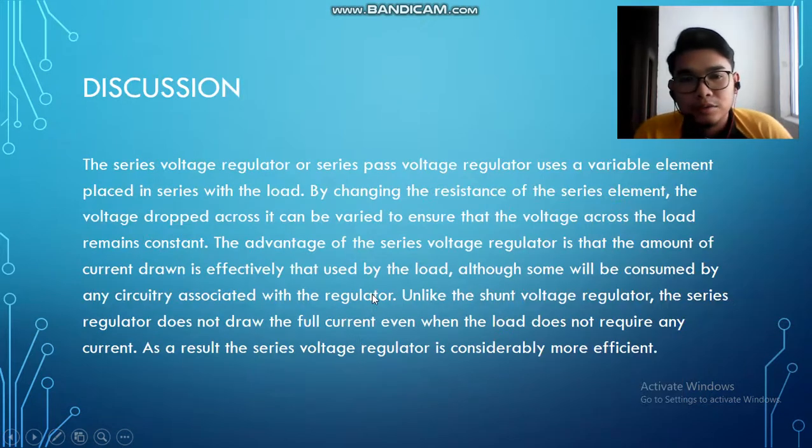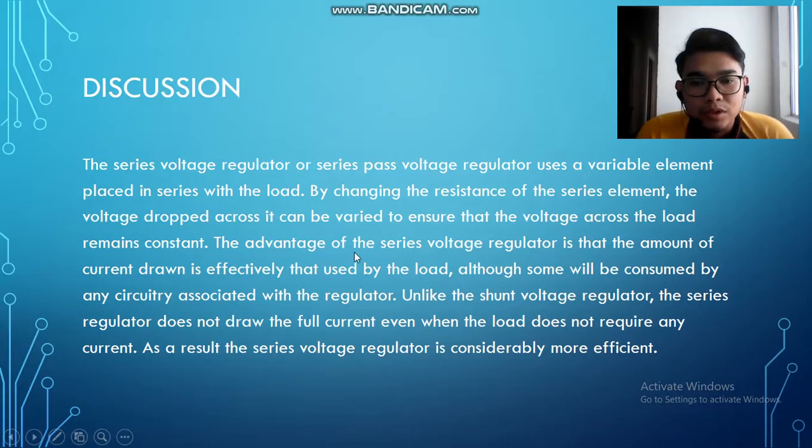And the last one, for my discussion, the series voltage regulator or series pass voltage regulator uses a variable element placed in series with the load. By changing the resistance of the series element, the voltage drop across it can be varied to ensure that the voltage across the load remains constant.